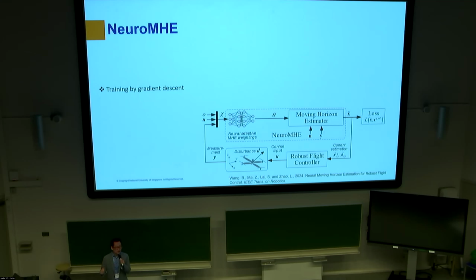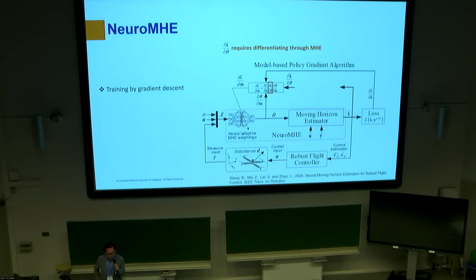And you can have the loss function be the estimation error if you have the ground truth, or you can have the loss function be the trajectory tracking error, because eventually our estimation is for serving the control purpose. We want to reduce the tracking control error. All right, and of course this is the chain rule.